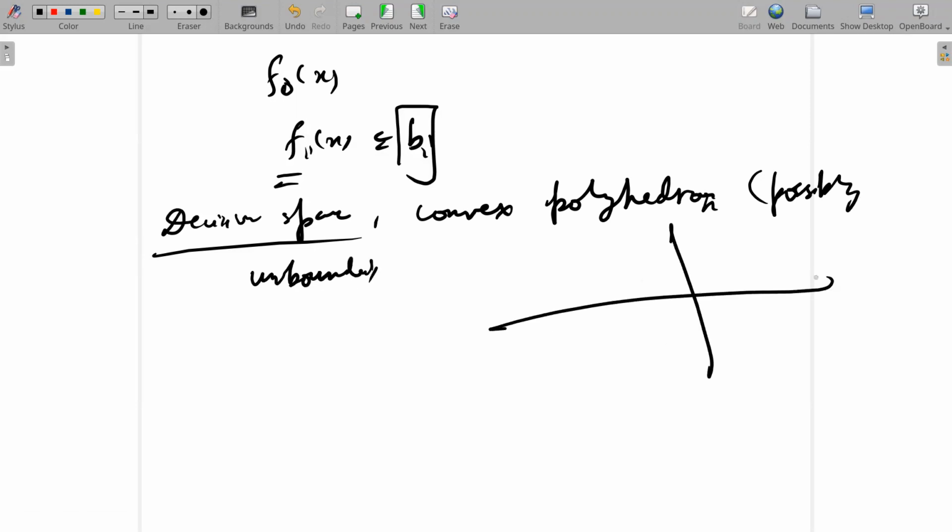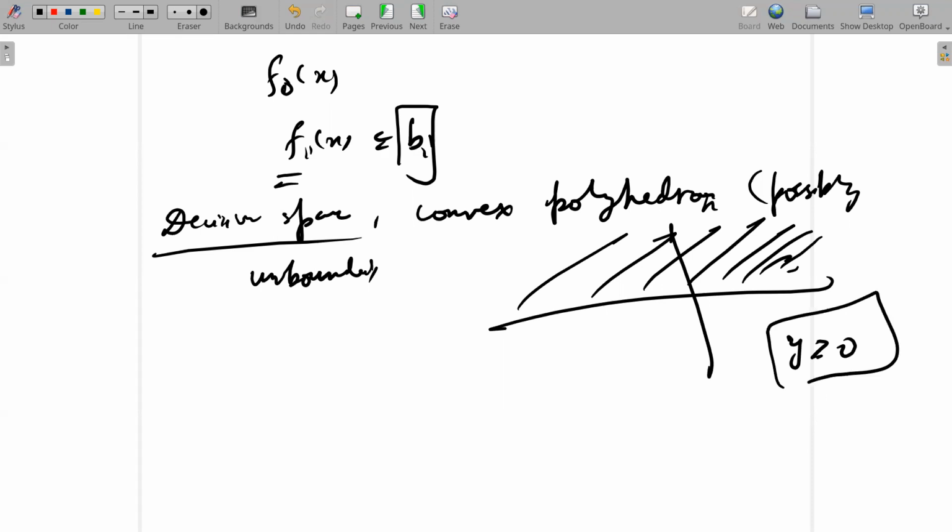Half spaces meaning, let's say I'm looking at the upper half plane. Then for us, it will be a convex polyhedron. And this is precisely given by y bigger than or equal to 0. This is the constraint, right? If I'm talking about coordinates x1, x2, then x2 bigger than or equal to 0 is exactly this space. And since the fi's are linear functions, essentially something less than or equal to bi.